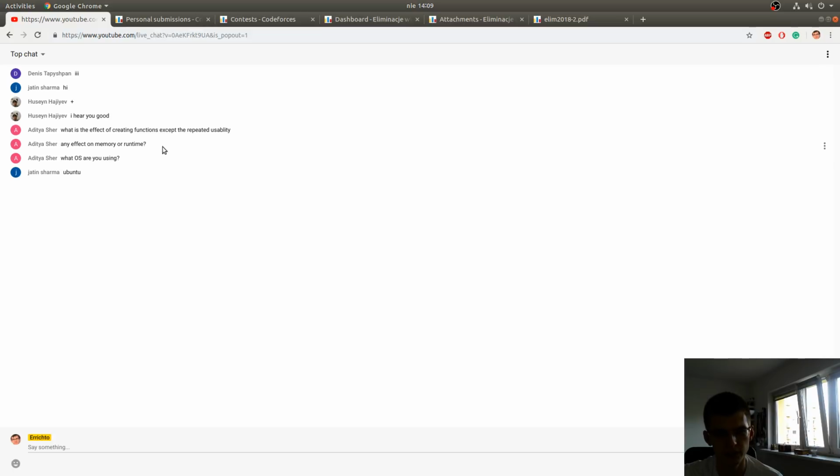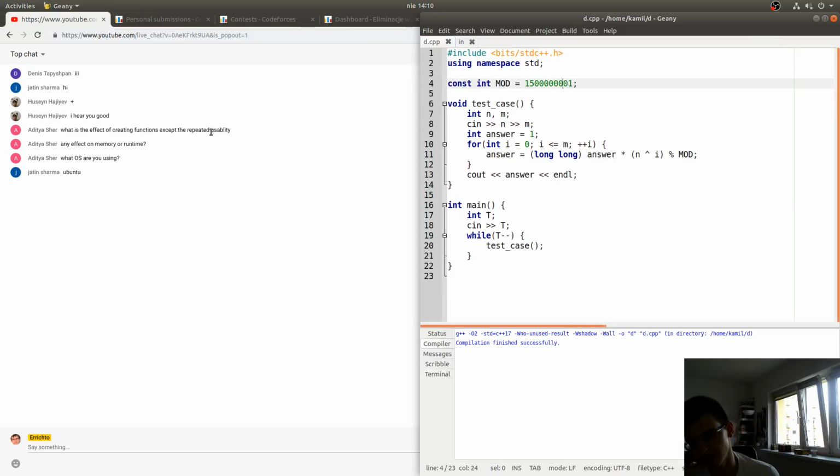What is the effect of creating functions except the repeated usability? There is no effect on memory or runtime. It will not be faster. One thing is that it will make your code look nicer, easier to read. The other thing is that because of that, you will make fewer bugs, or it will be easier for you later to find those bugs.